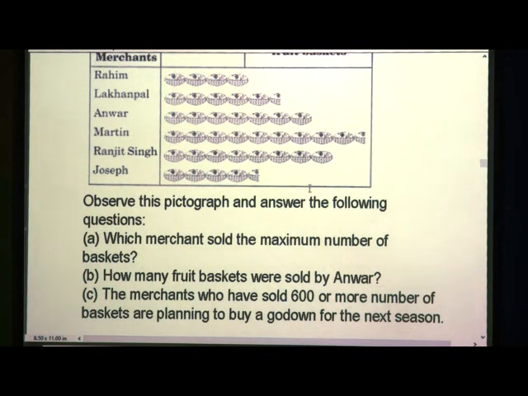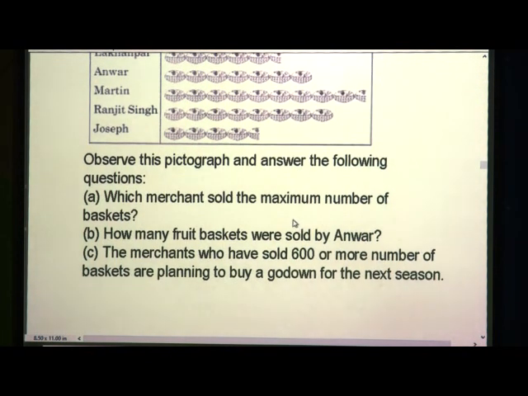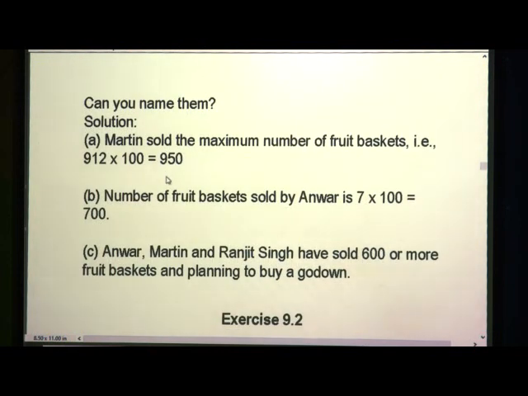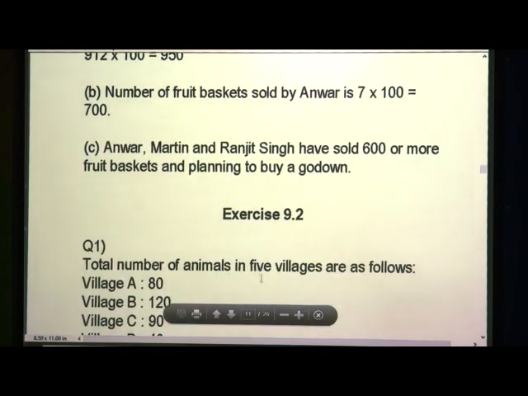So Anwar, Martin and Ranjit Singh are planning to buy a godown for the next season.